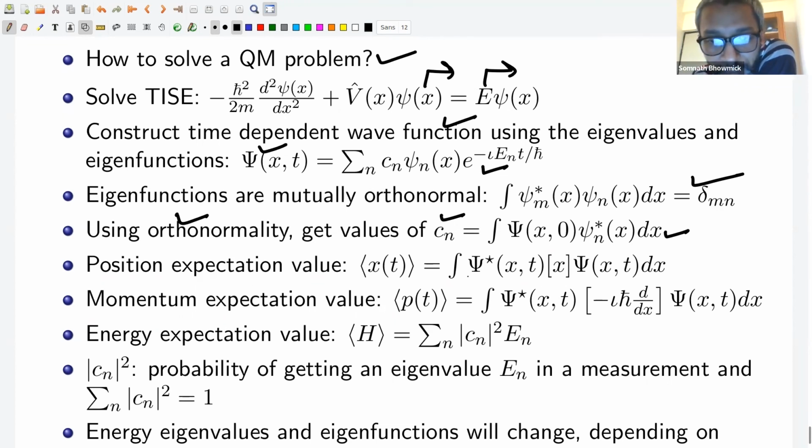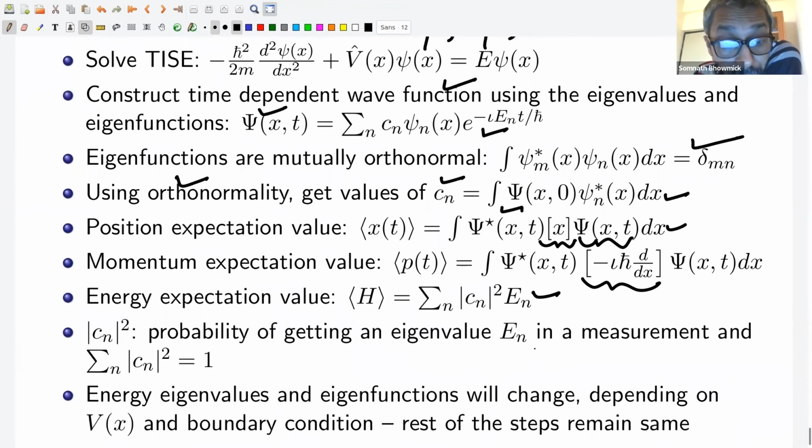Now, the position expectation value can be calculated by using psi star times the position operator times psi dx and calculating the integral. Similarly, you can calculate the momentum expectation value if you use the momentum operator. Now, the energy expectation value is given by the sum over n of mod Cn square En. And mod Cn square is the probability of getting an eigenvalue En in a measurement.